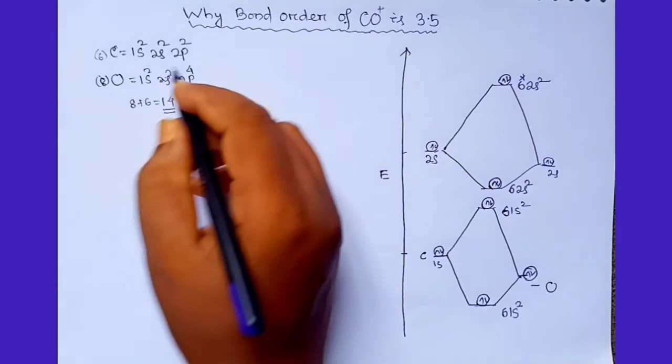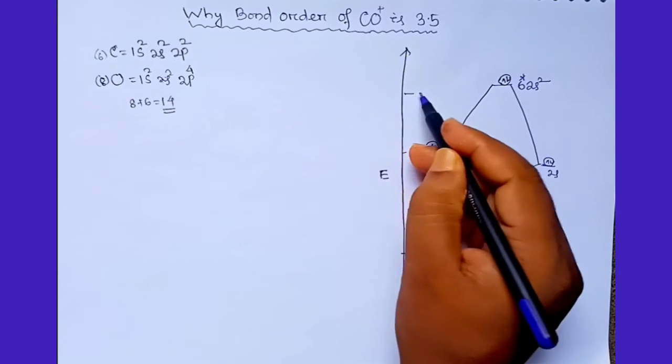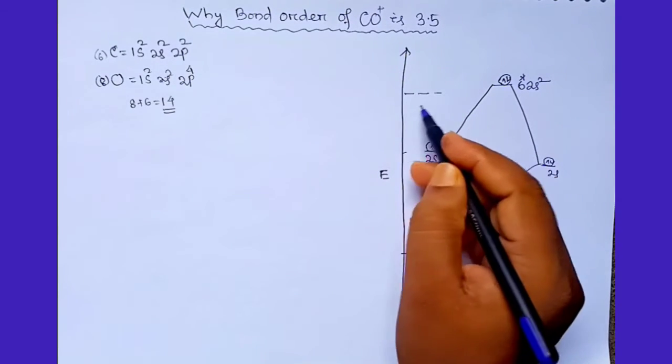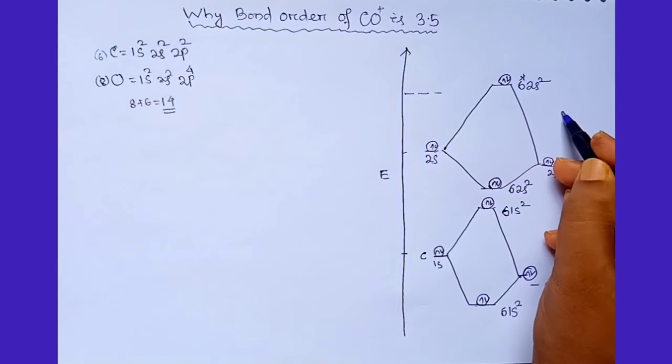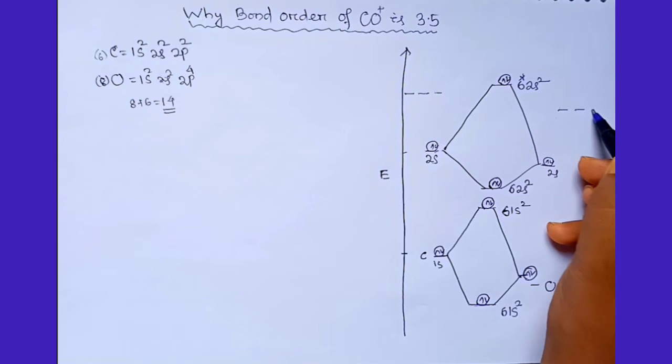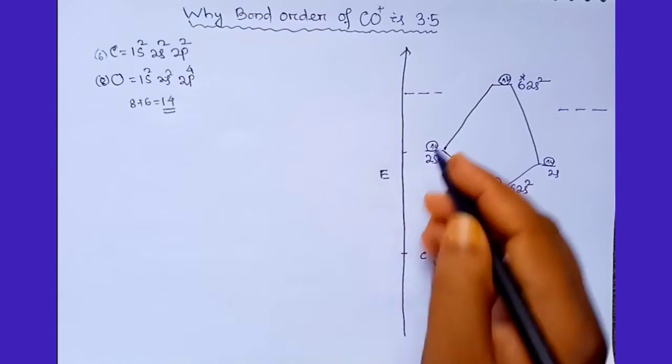Now we will come to the 2p orbitals. For carbon there are 3 2p orbitals, and for oxygen there are 4 electrons in the 2p orbitals.